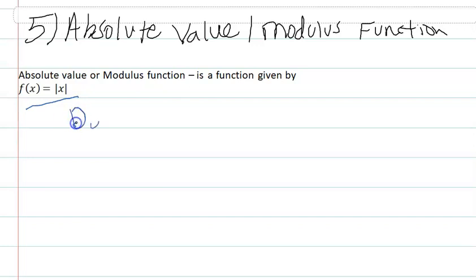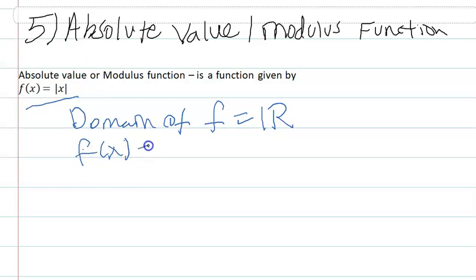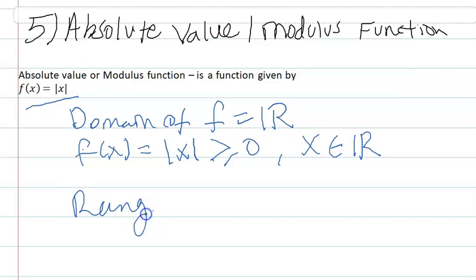The domain of f is all real numbers. For example, if f of x equals the absolute value of x, this is always greater than or equal to 0, which means x is an element of the real numbers.